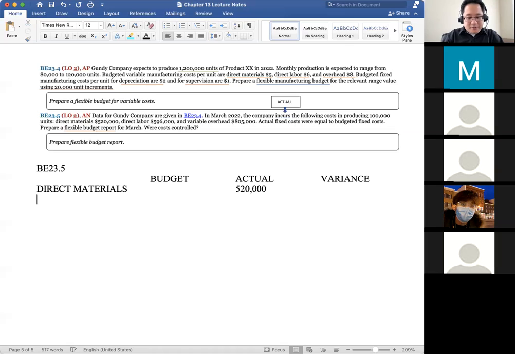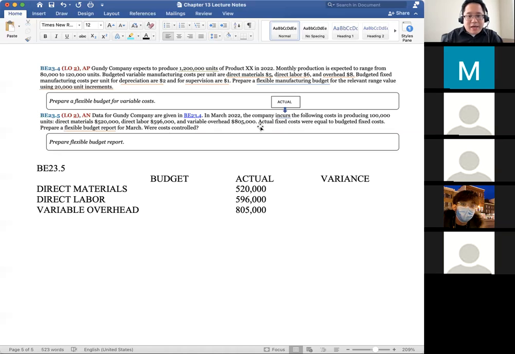Then you have direct labor. And that was actually 596,000. And then you have variable overhead. That was actually 805,000. I'm just copying the information they give me.